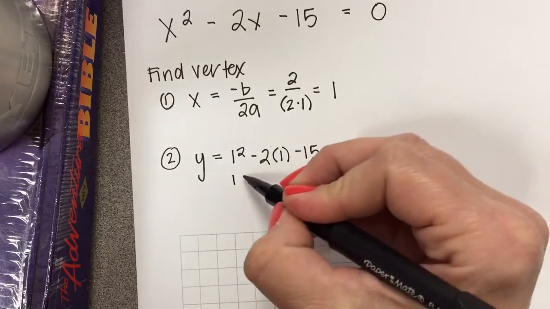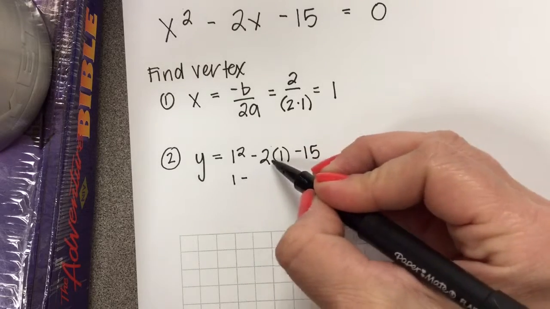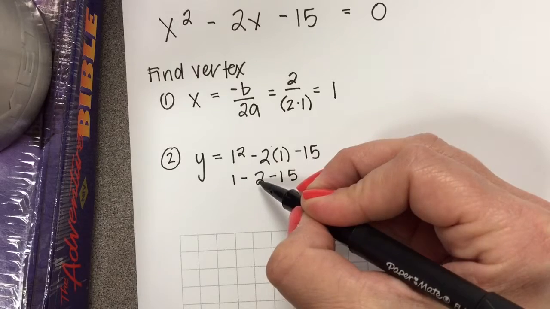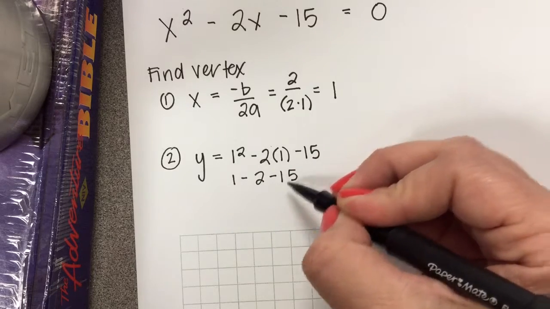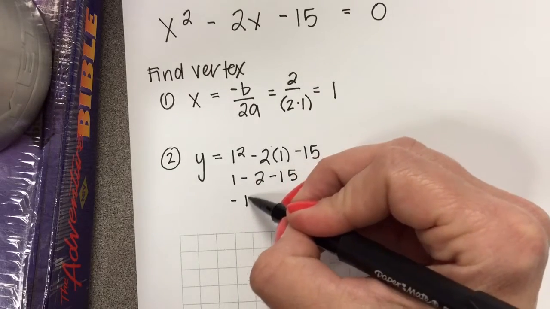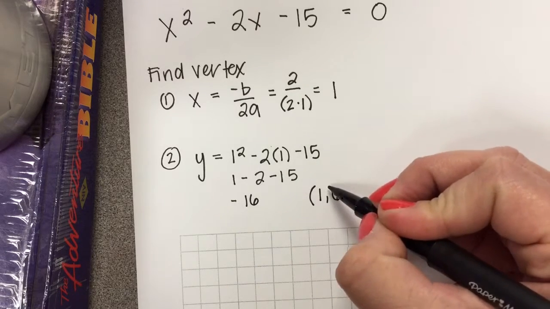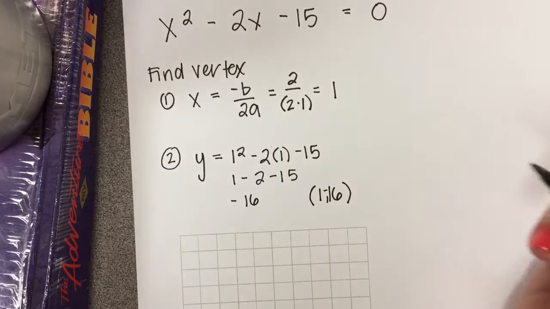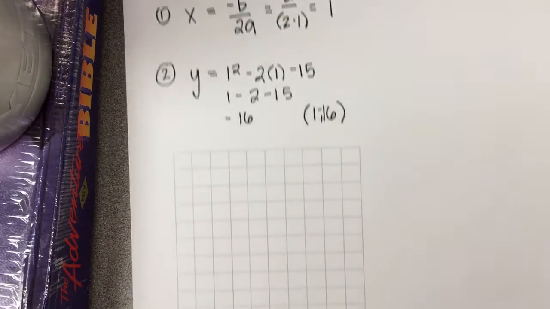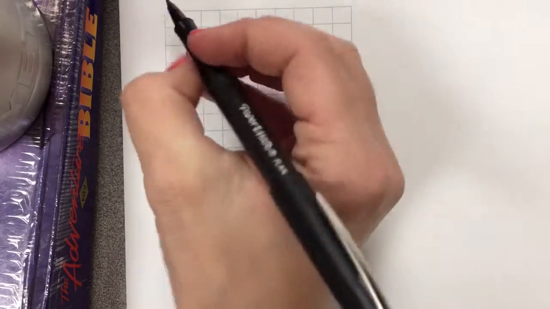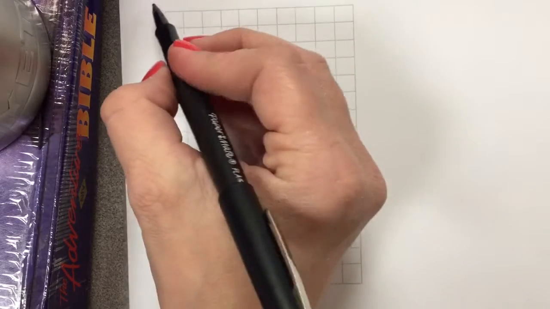That's 1 minus 2, which is negative 1, and then subtract 15 more is negative 16. So the vertex is 1, negative 16.